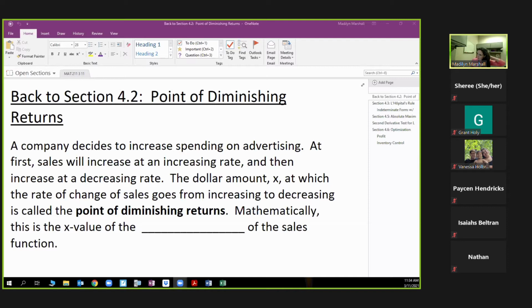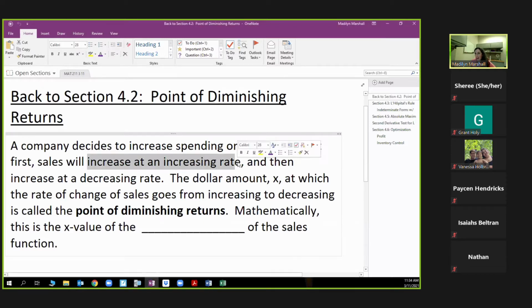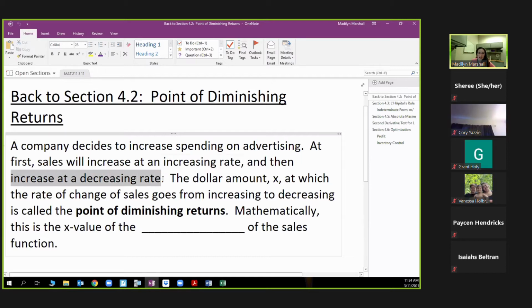Okay, so before I put up the poll, let's read through this. A company decides to increase spending on advertising. At first, sales will increase at an increasing rate, then increase at a decreasing rate. So sales are continuing to increase.